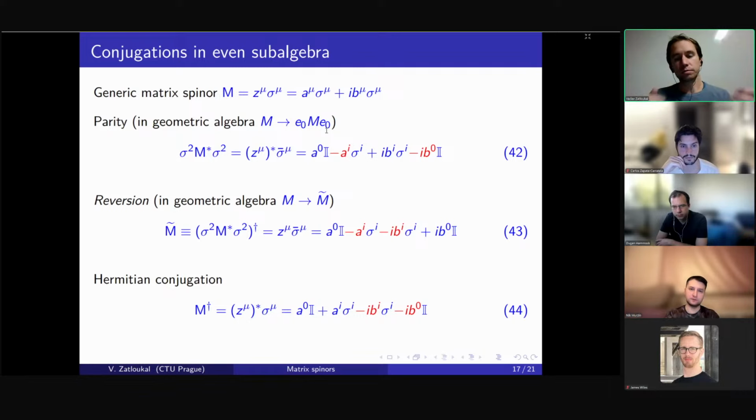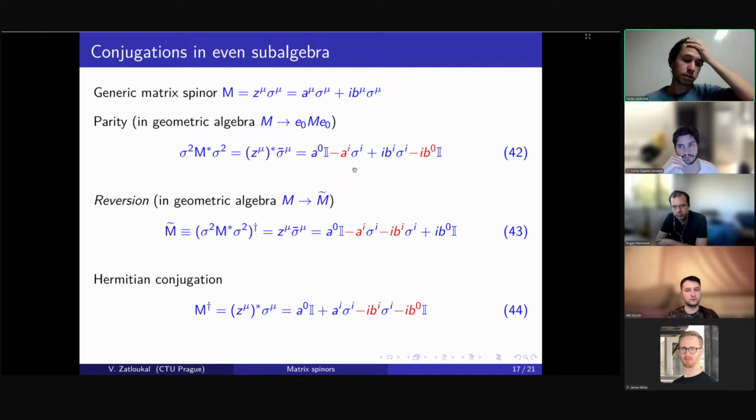And this is the parity transformation. So on the level of matrices, this corresponds to sigma mu and star sigma mu. And it's a transformation that flips the sign of the pseudoscalar and of the spatial-temporal bivectors.